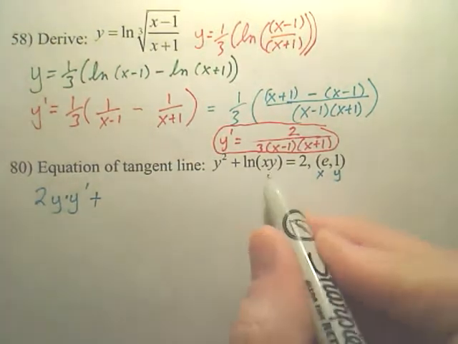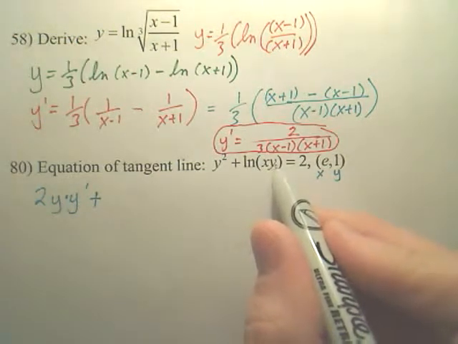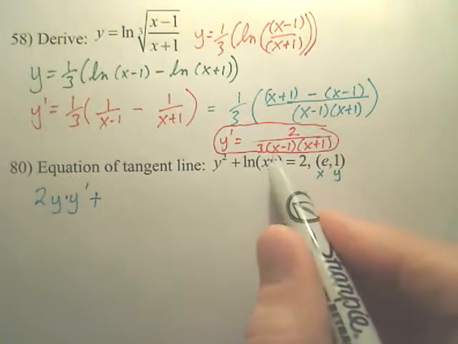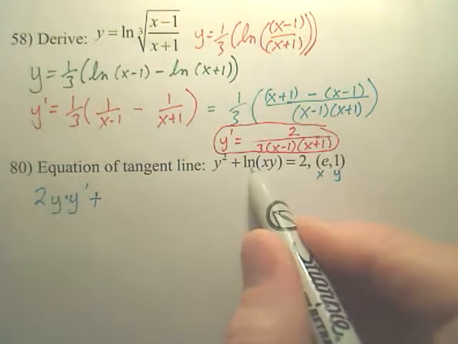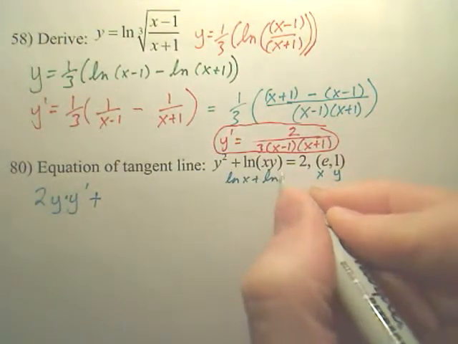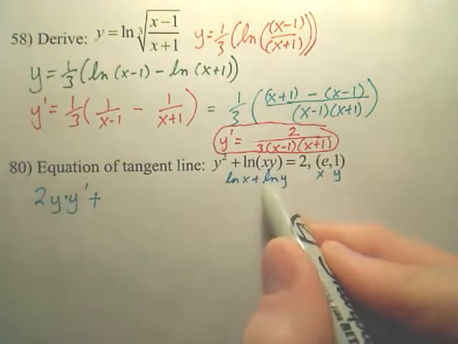Plus, now, this ln, do you understand I can separate it to an ln x and an ln y? Because of the multiply, you can change it to plus. This can be rewritten as ln x plus ln y, which makes life quite a bit easier maybe.